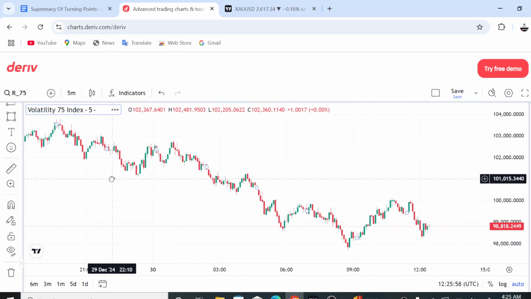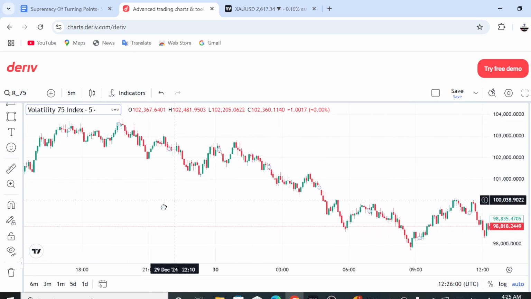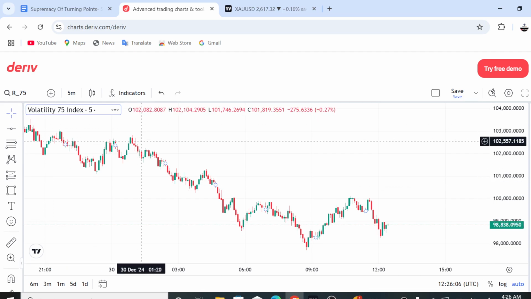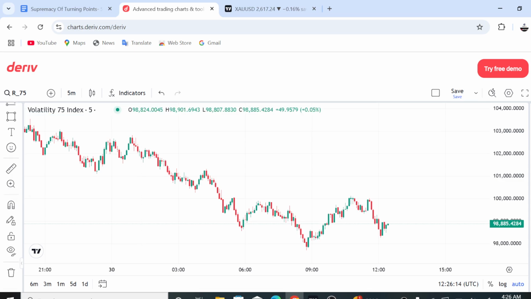Now even if you don't know much about the higher time frame, it's very important you understand the market from the higher time frame, so that when you are taking risk, you know the kind of risk you are taking. You don't want to risk 50% where you are not sure of what is happening in the higher time frame.